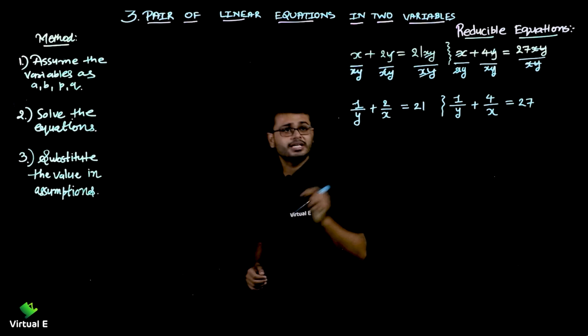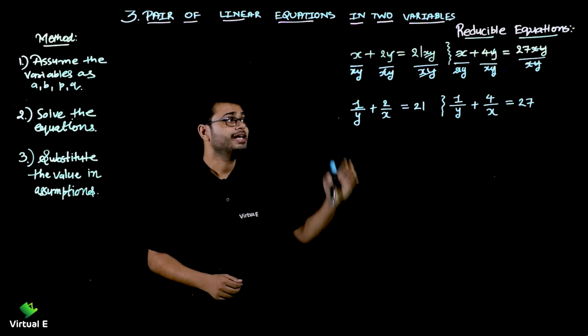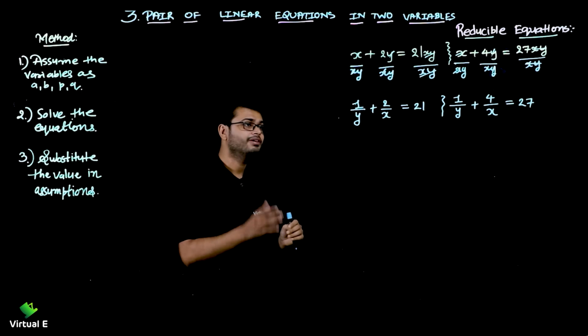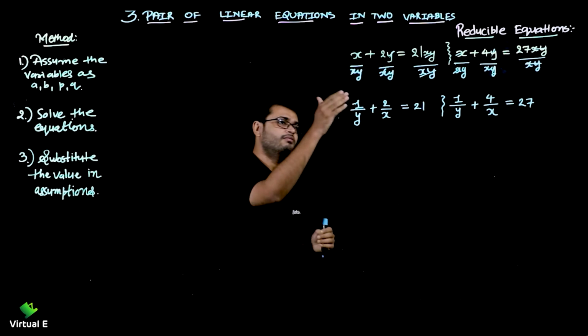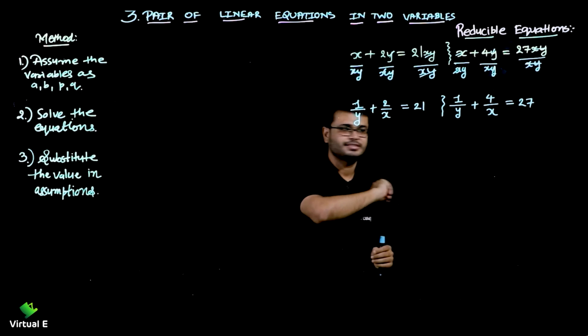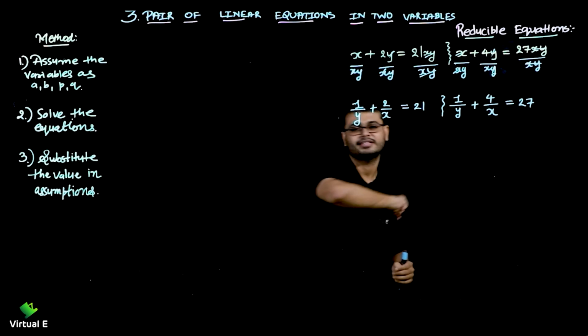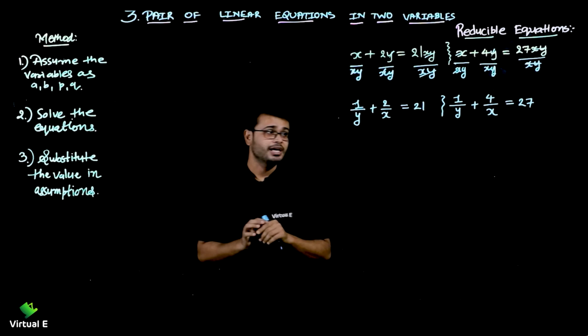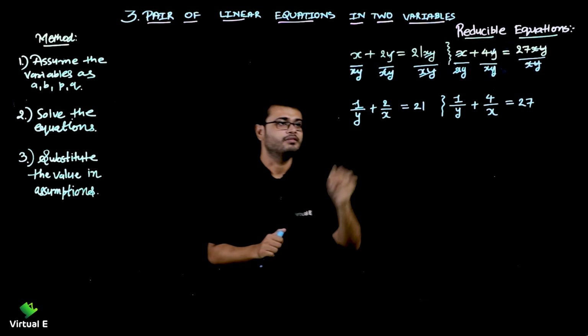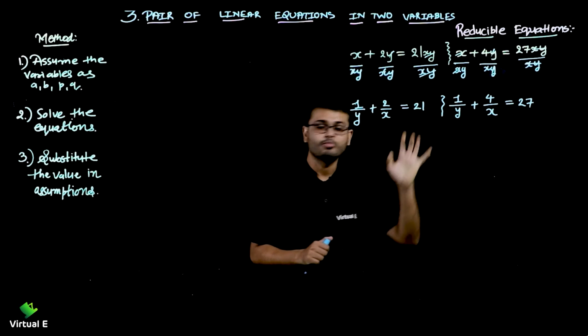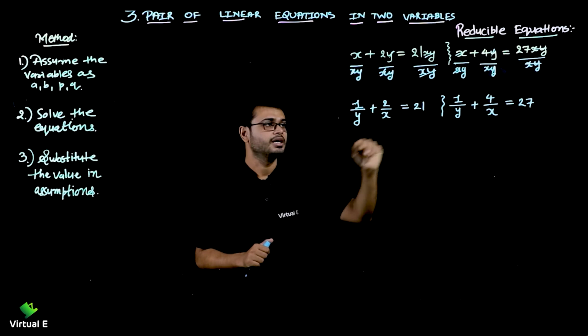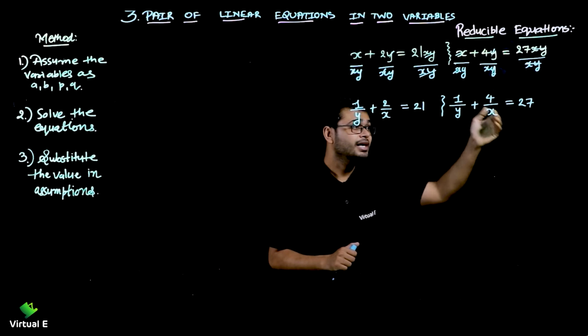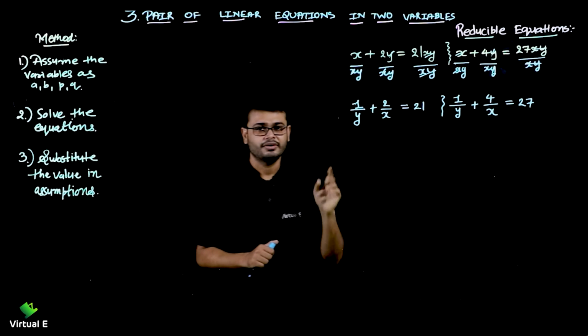So there is no x and y product anywhere in these equations, but we have one more problem: 1 upon y and 1 upon x, 1 upon y, 1 upon x. If you observe, there is a pattern. 1 over y is there in both equations, and 1 upon x is also there in both equations.